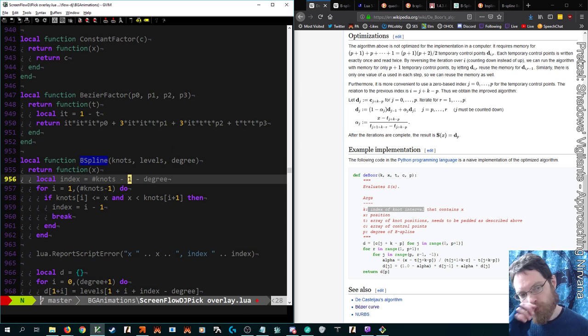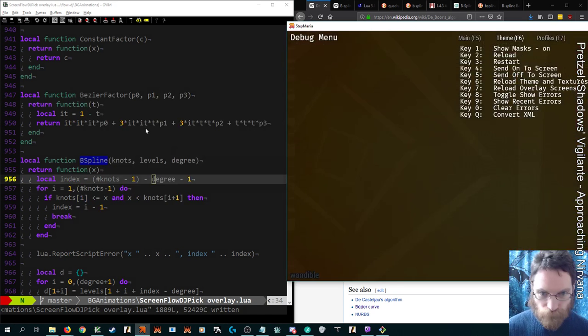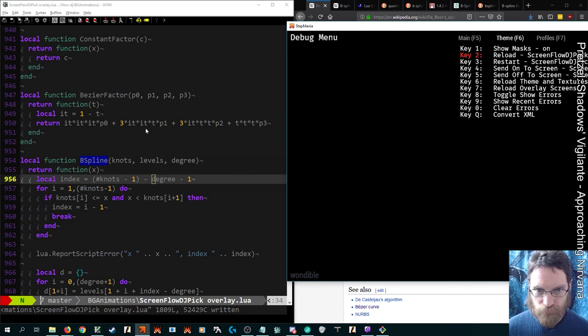Oh, this is knots minus 1. I do need the minus degree. This is the minus 1 for the indexing system. I have to go back the degree to get to a valid range index because the stuff off the end is all the same and isn't valid. There isn't a valid range.